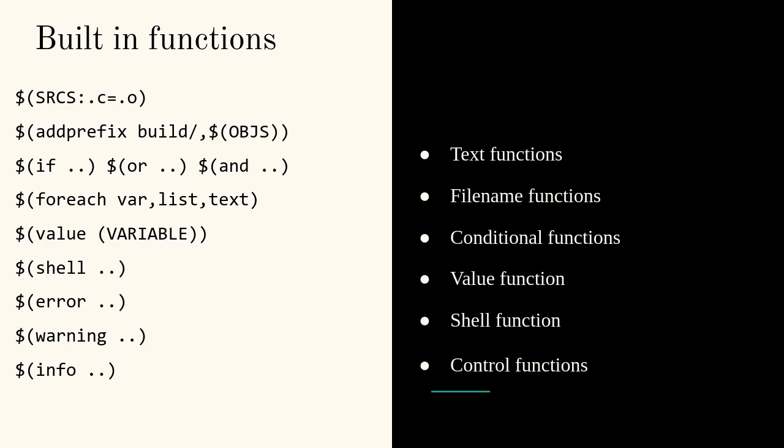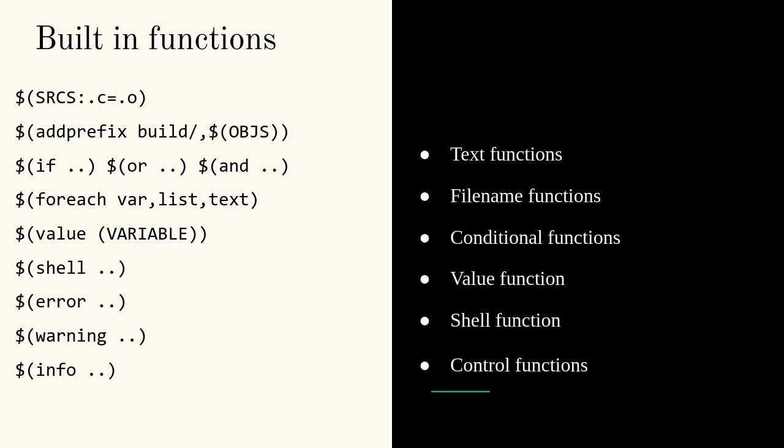The value function will allow you to print a variable without expanding it. So if you have a variable that was declared verbatim with a $ sign operator, so that's either a reference to another variable or a function, and you want to echo it out to the screen, you can use the value function and it will print that verbatim without expanding it.